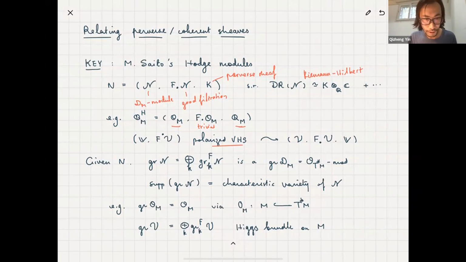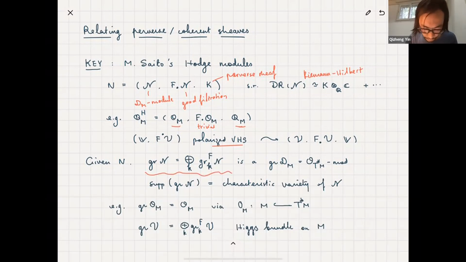So now comes the important part. If you have a Hodge module, you can take a limit, and the limit is given by the associated graded piece with respect to the Hodge filtration. So this is the limit that I want.